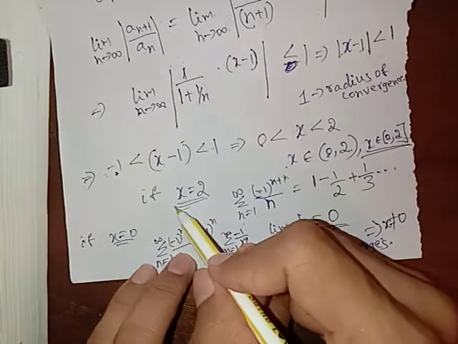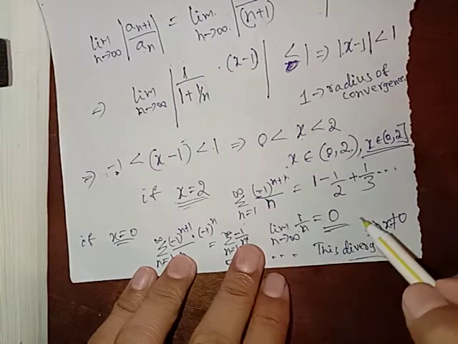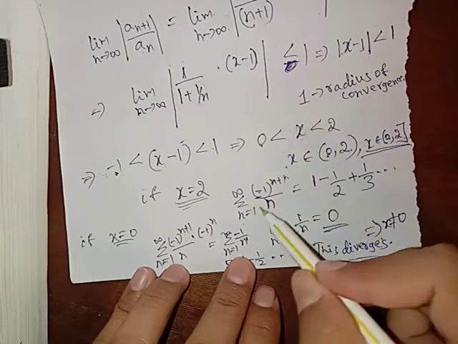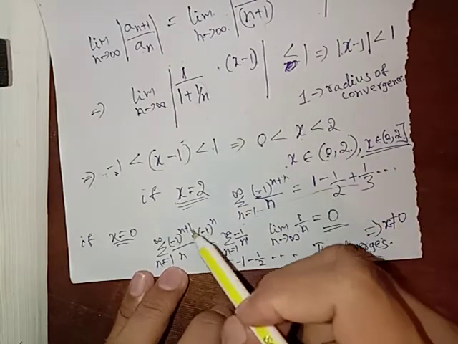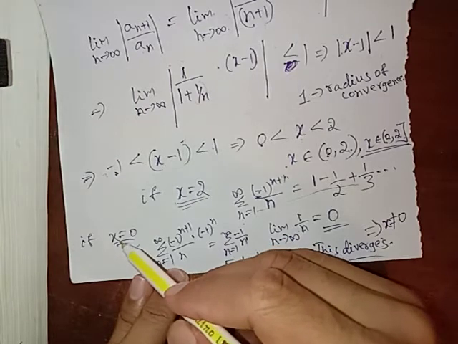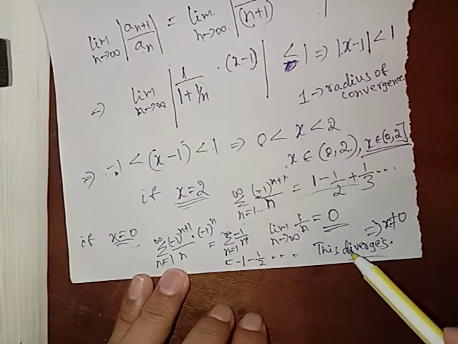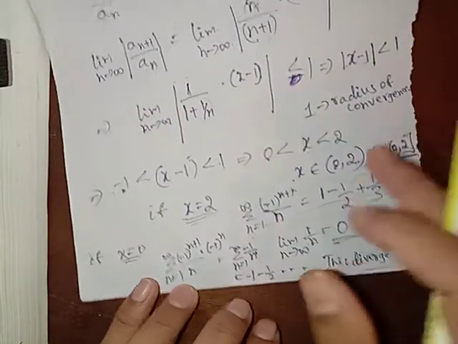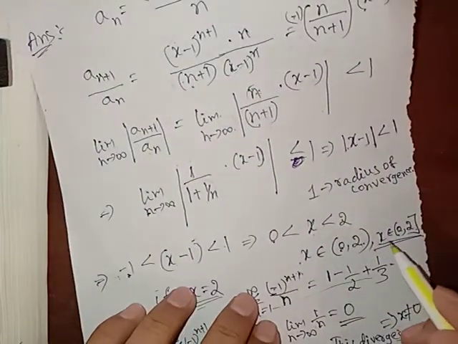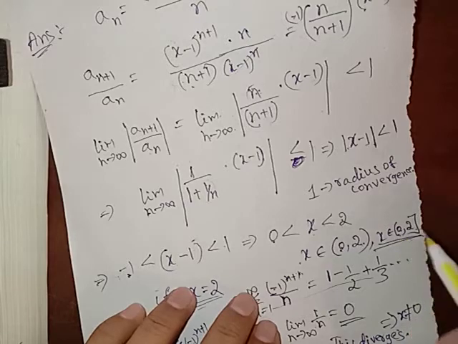Here 2 we can include. If we include 2, we get a convergent series. This is a convergent series by Leibniz test. If we take x is equal to 0, then we get a divergent series. So we can say the interval of convergence is this one and the radius of convergence is 1.